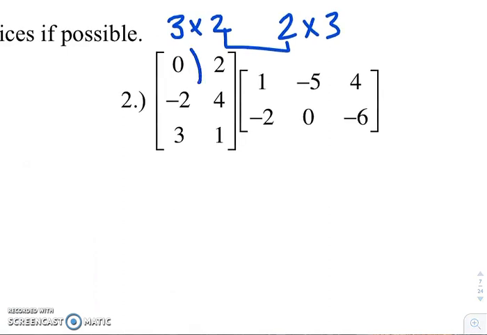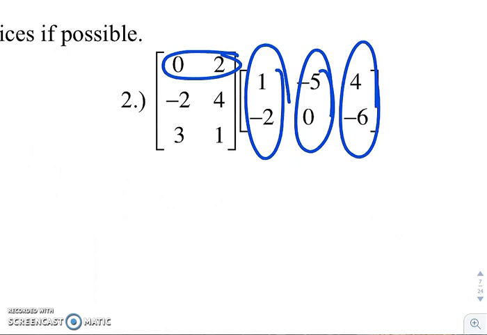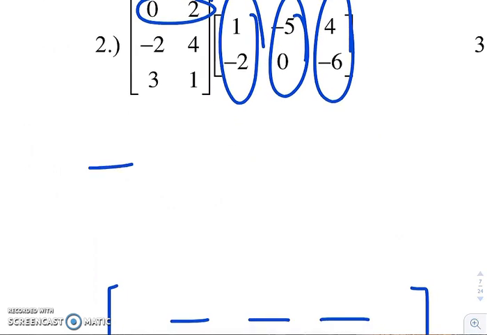So again, each row times each column. I'm going to erase these dimensions, but if it helps, you can put the dimensions there if you want.